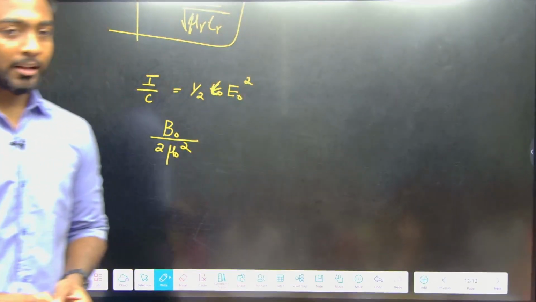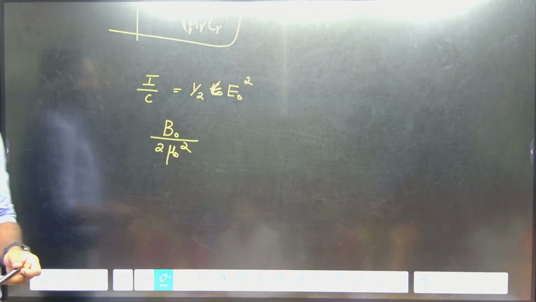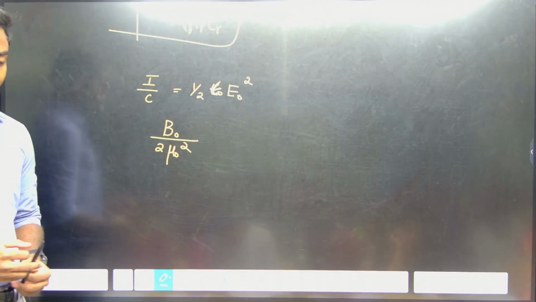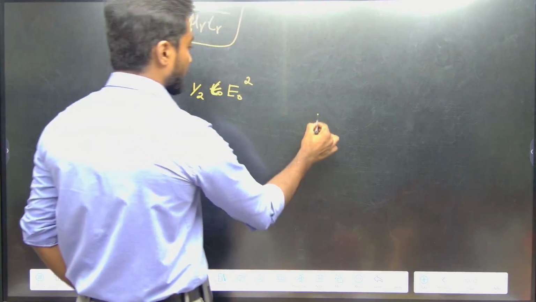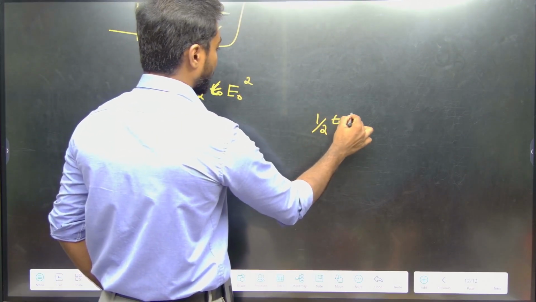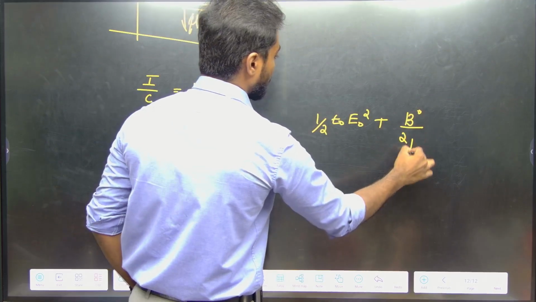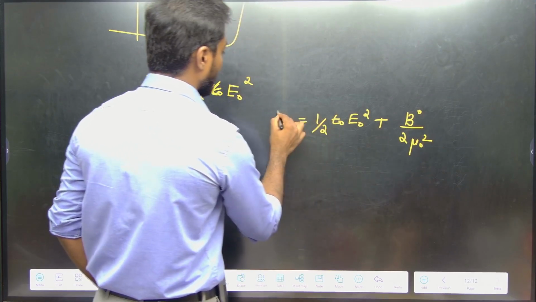Then the total energy will be equal to 1 by 2 epsilon naught E naught square plus B naught square by 2 mu naught. This is my total energy.